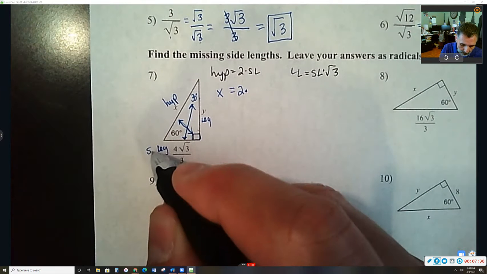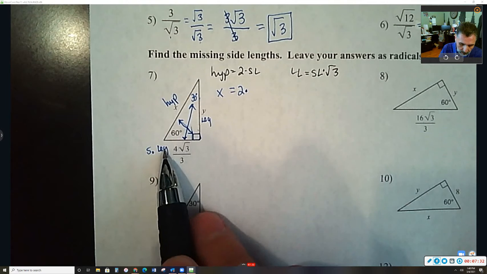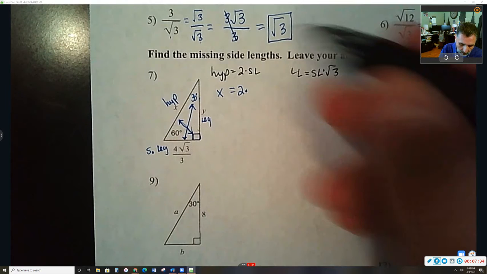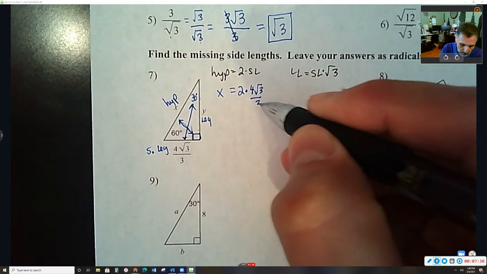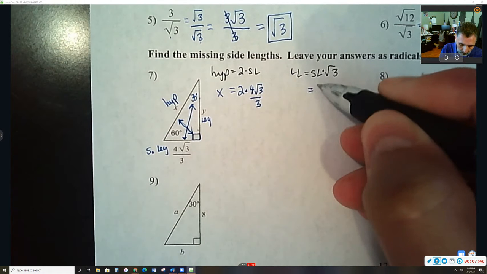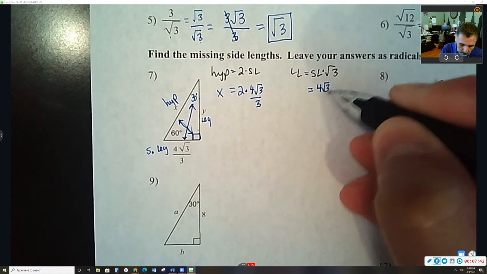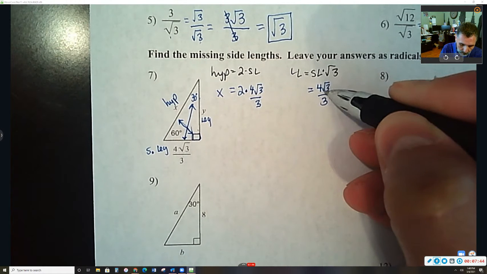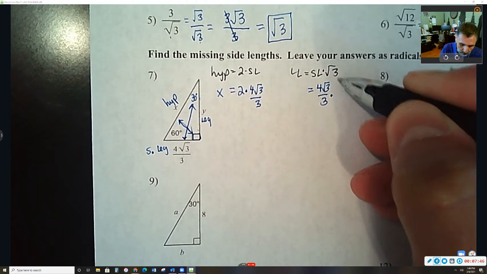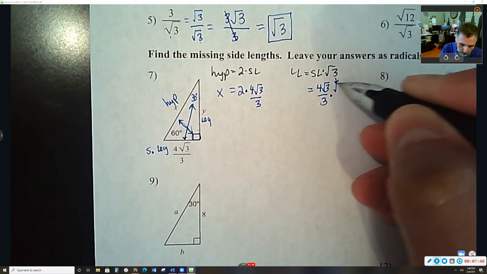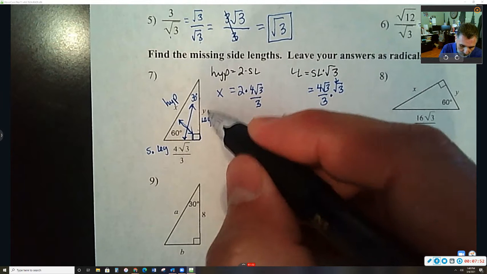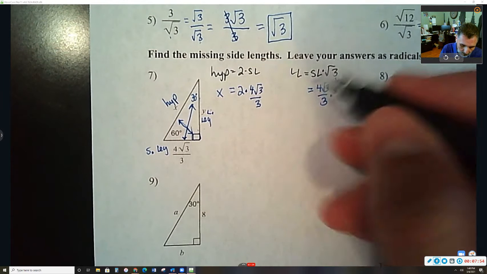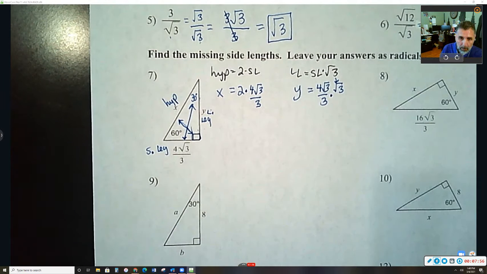So I'm just going to put an S here for short leg. So that value I put in here. And then I go over to my other equation, and I actually put it in over here also. The short leg is 4 square root of 3 over 3. Bring down the square root of 3. And then the long leg must be y. So I'm just going to put L here. Long leg. So the long leg is y.